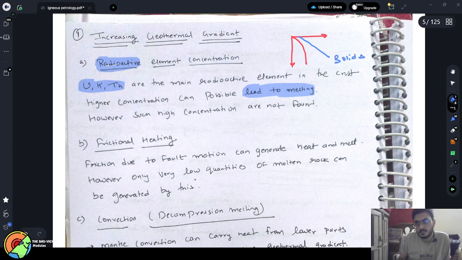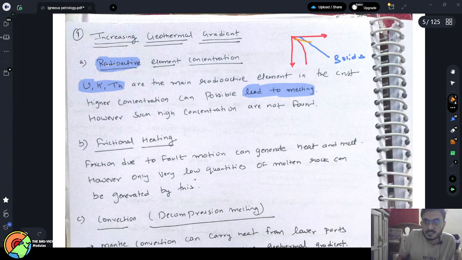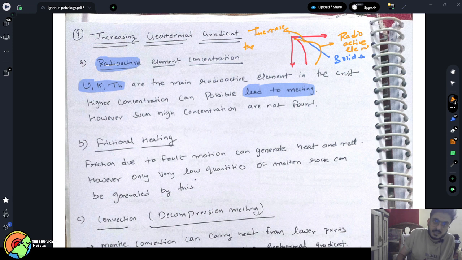Now if this radioactive element is present, it will increase the geothermal gradient, and if the geothermal gradient increases, our melting will start at this point.